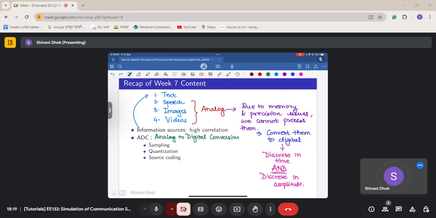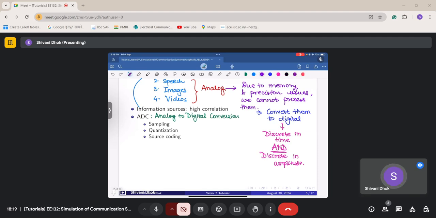That is sampling. So what does sampling do? This sampling will basically convert continuous time plus continuous amplitude to discrete time and continuous amplitude.